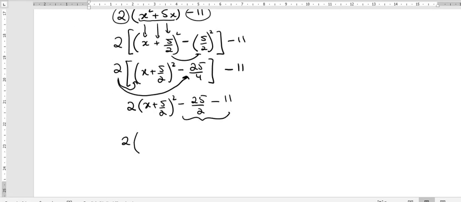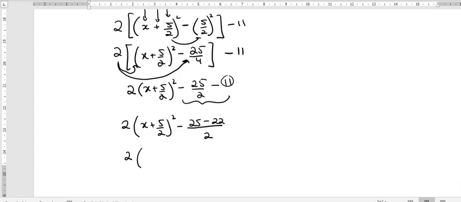I can take 2 as my common factor, so I double the 11 to give me minus 22. And now if we tidy this up, I've got 2 times x plus 5 over 2 all squared minus 47 over 2. And that's your completed the square answer.